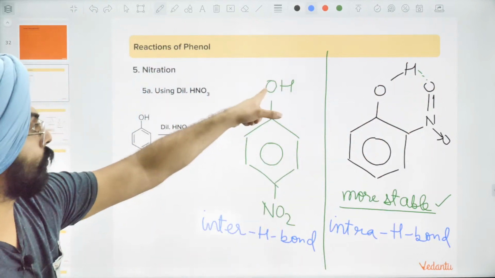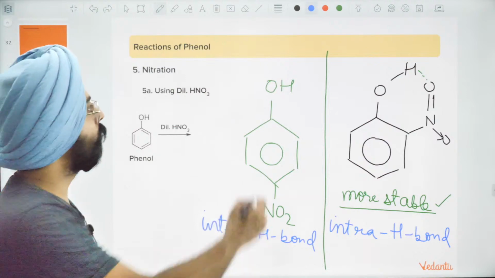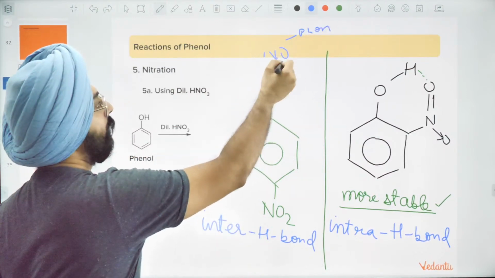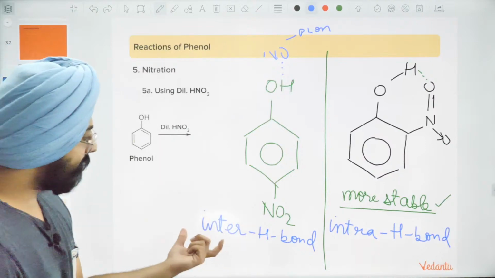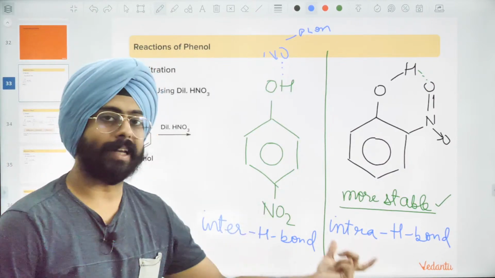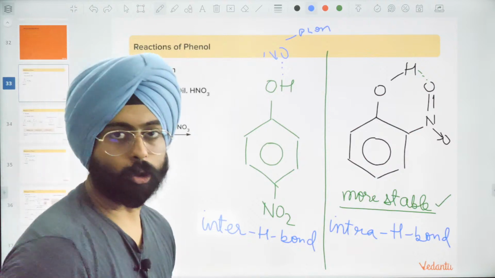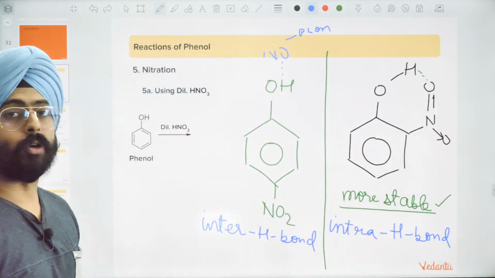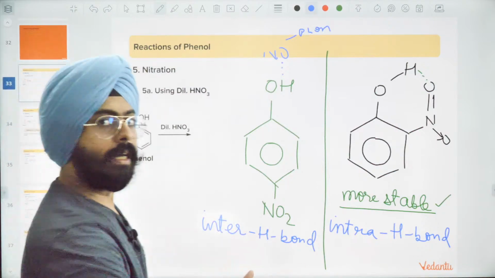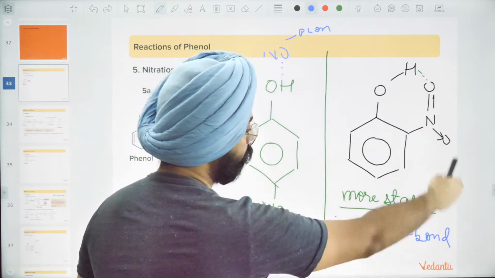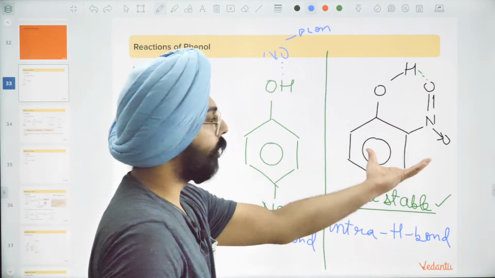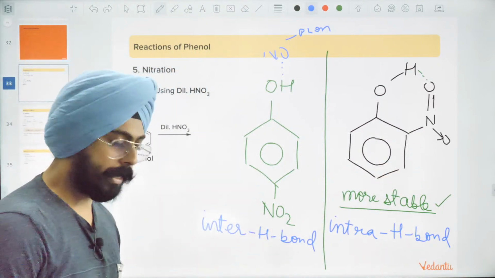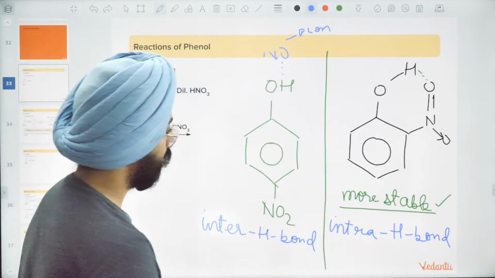This OH can interact with some other nitro of some other phenol. It can interact with that. So you will have intermolecular hydrogen bonding in the para case, intramolecular in the ortho case. So ortho, technically speaking, because of the hydrogen bonding, is more stable. If you allow more time for the reaction to happen, the more stable thing will be formed. Thermodynamic product versus kinetic product. If you don't remember this, I'll explain it to you in a little while.